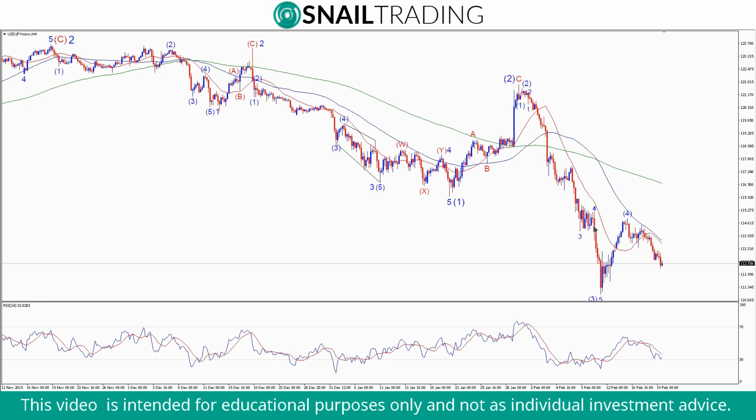Prices continued sharply to the downside. I can count 5 completed waves in this move, as 1, 2, 3, 4, 5, and I expect this decline to move to new lows for a wave 5 in parentheses.